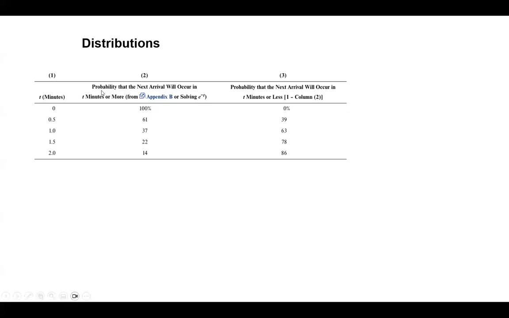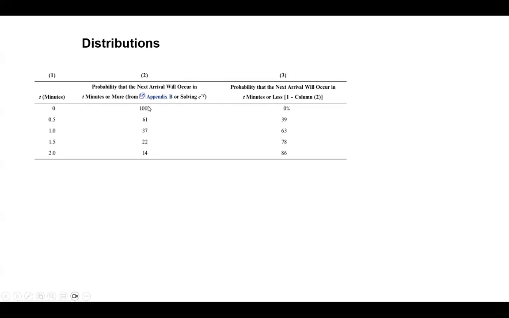So then we just give the t numbers here: 0.5, which is 30 seconds, 1 minute, 90 seconds, and 2 minutes. And this second column means the probability that the next arrival will occur in 0 minutes or more.